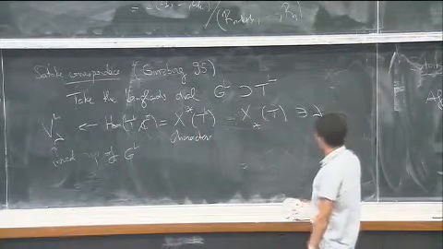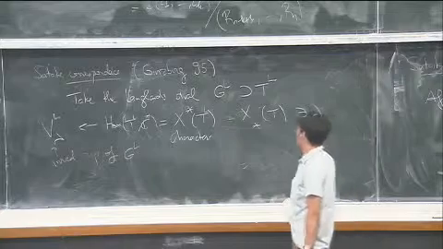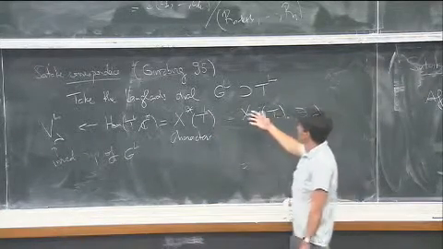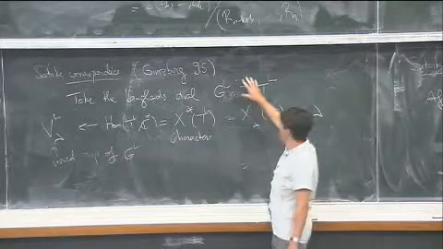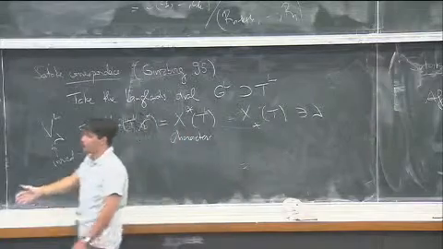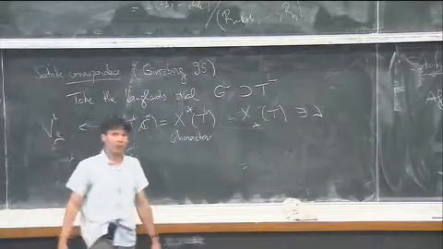Then the correspondence is, you can say it in different ways. You can recover the category of the dual group's modules in terms of these intersection cohomology complexes.